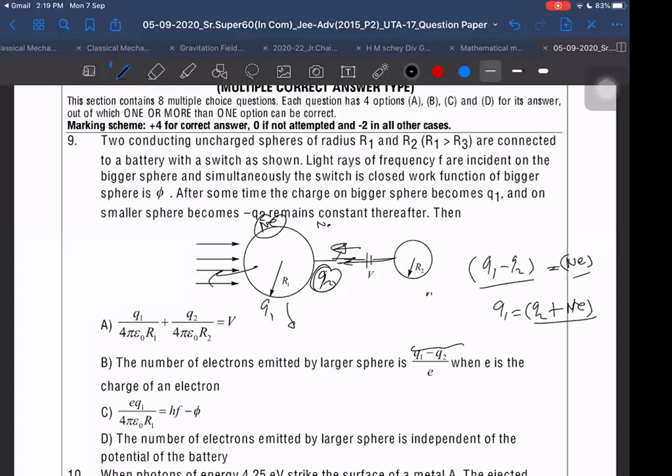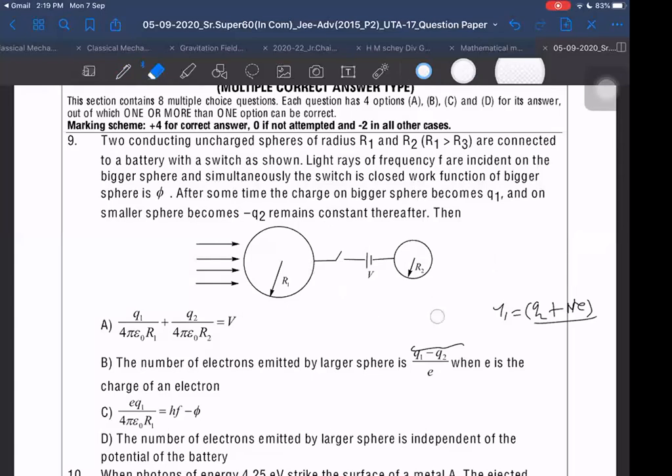Okay. Sir, once again. Electrons leave from the first sphere, they will be leaving because of photoelectric effect. What is the problem in that? From the bigger sphere, electrons will leave. Yes, any electrons are left, so some charge is left.